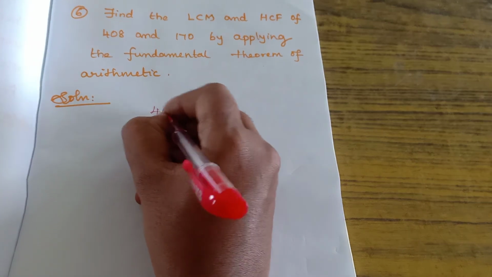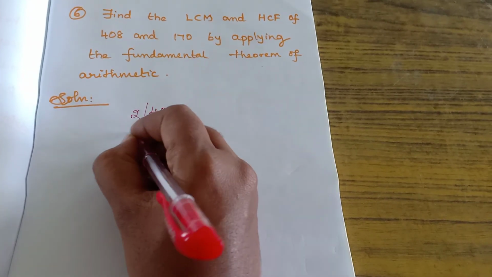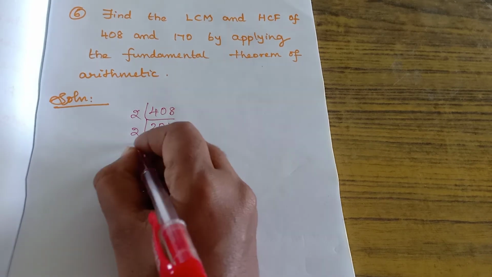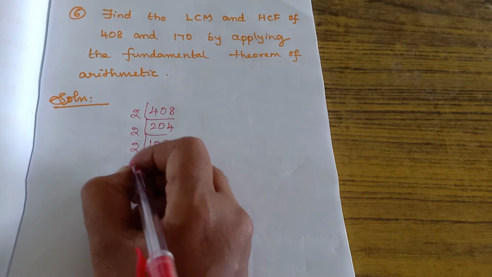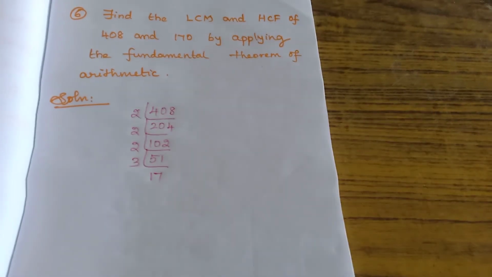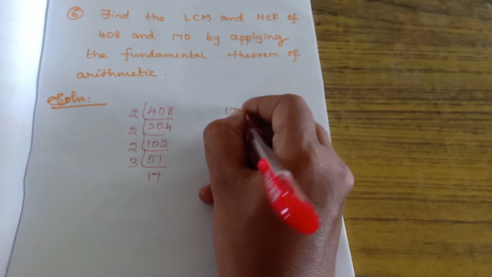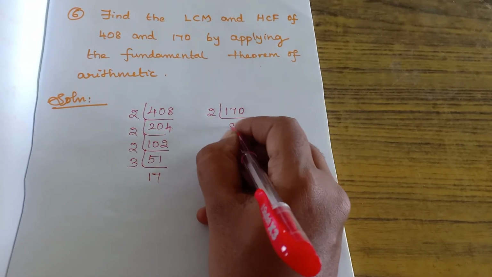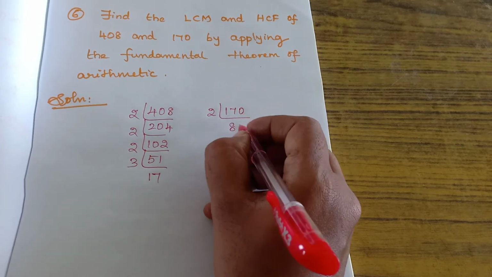So, 408: first we factorize, 2, 204, again 2, 102, again 2, 51. Again it is possible with the third table, correct? 3 ones are 3, balance 2, that is 17. 17 is a prime number, so we can stop here. After that, 170: we can factorize like this, 2, 8 2s are 16, 5.